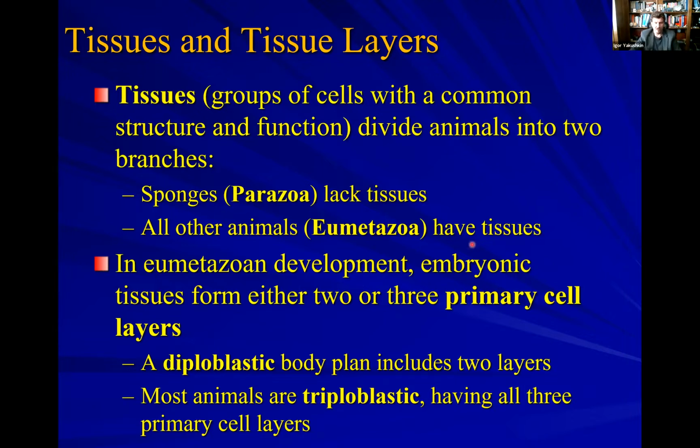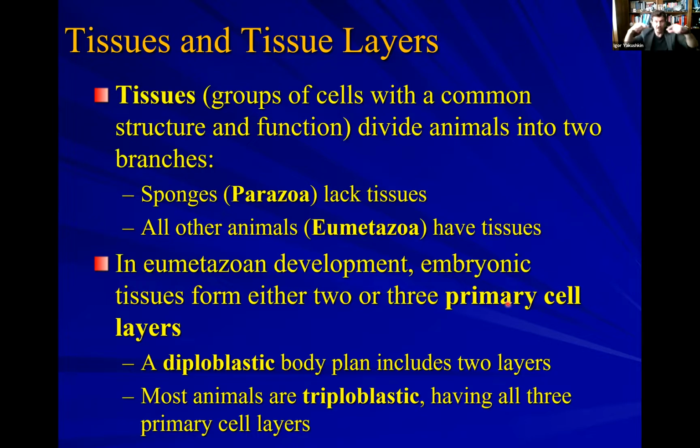All right, so embryonic development will have two or three primary cell layers. We already talked about that. Remember the blastula, right? Later on, there will be a layer which is moving in, creating a second layer.